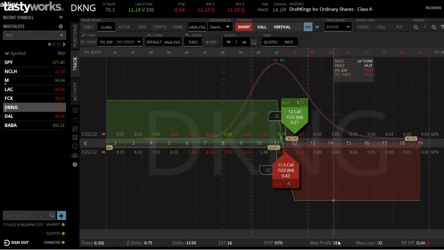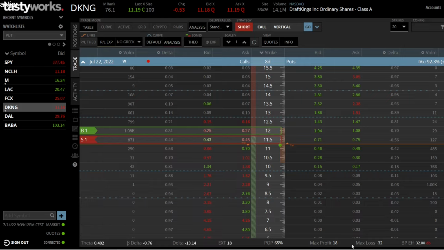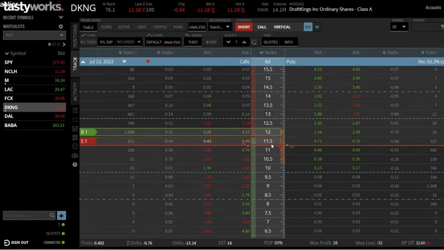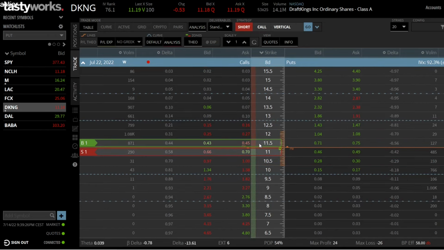What I usually do is go up here and try to make it 50-50, or equal. So I just drag this down, and drag this one down, and then you can see that it increases max profit to 25, with max loss 20.